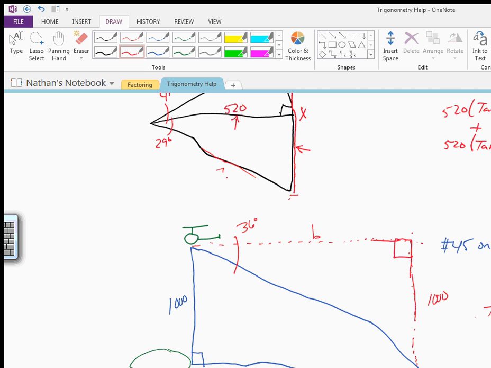1,376, approximately 1,376 feet. These are feet. And that means that this thing has traveled, or it's 1,000 feet up in this case.